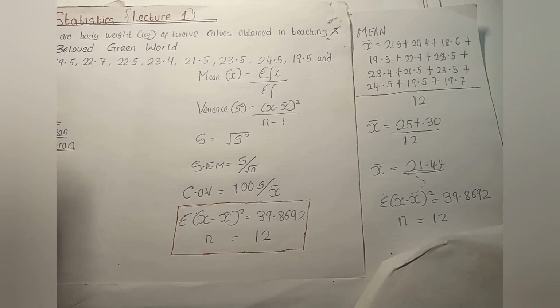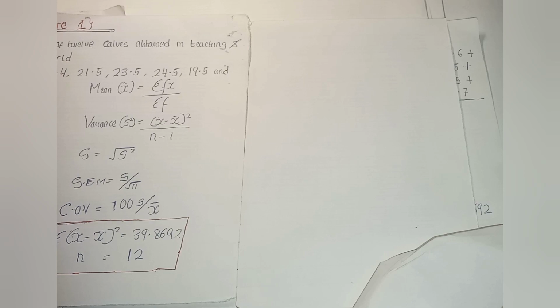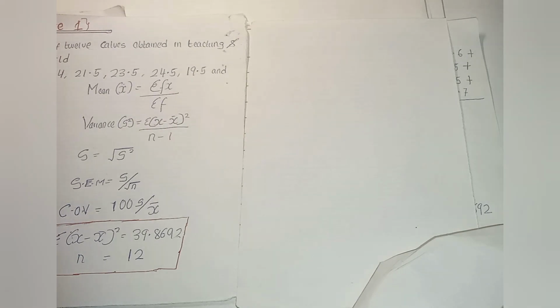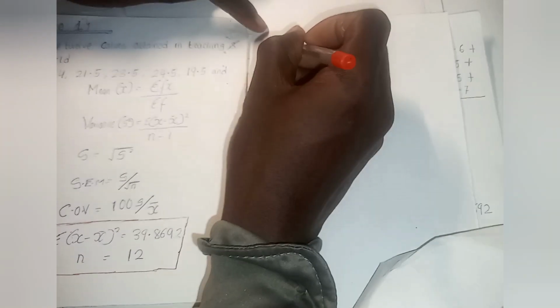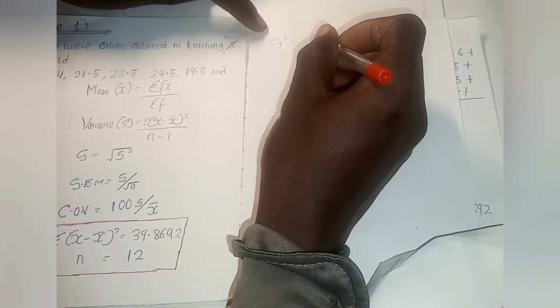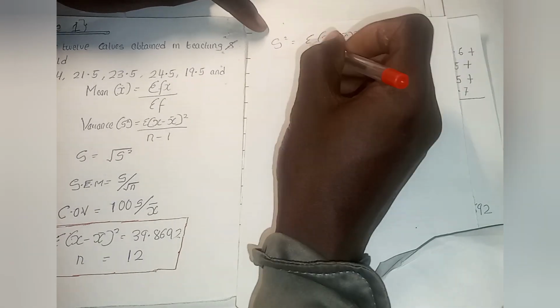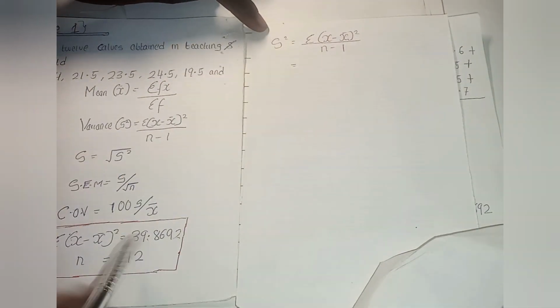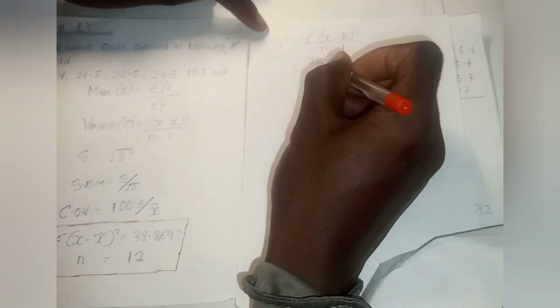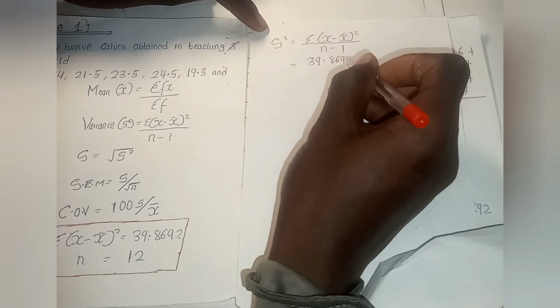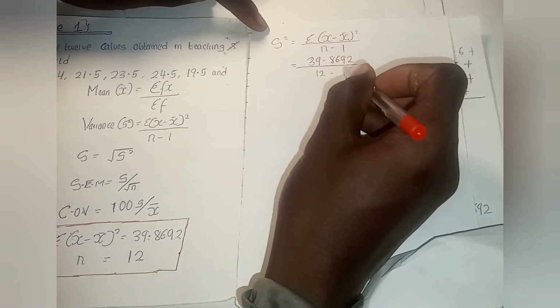I can easily get the value of my variance. My variance, which is s square, is equal to the summation of x minus x bar square over n minus 1. I have the summation of x minus x bar square here already. So 39.8692 all over 12 minus 1, which is 11.